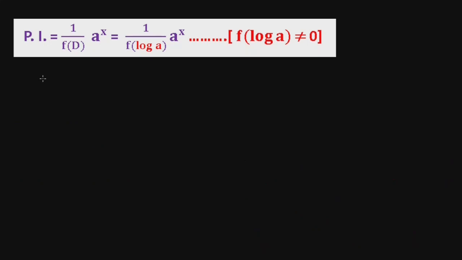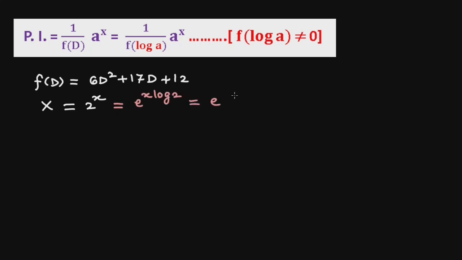We have f(D) equals 6D squared plus 17D plus 12, and the function on the right hand side of the differential equation X is 2 raised to x. Like we have seen, 2 raised to x is e raised to x log 2, or e raised to (log 2) x.